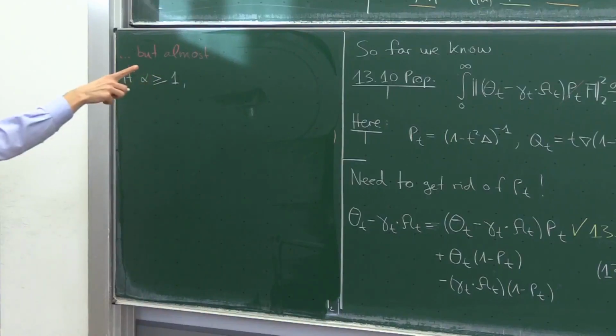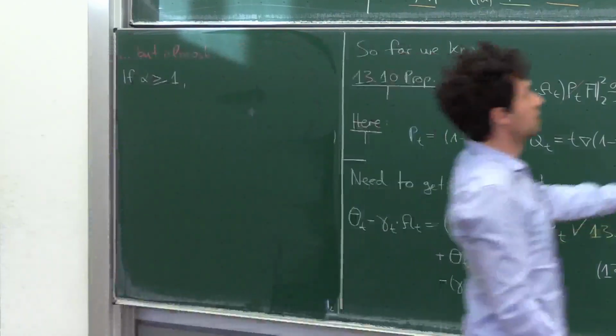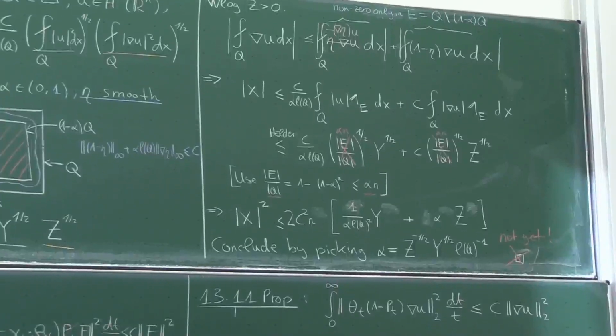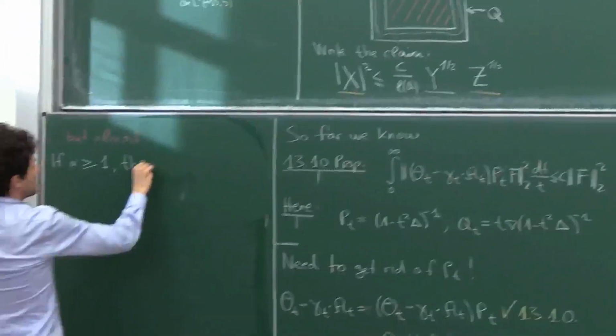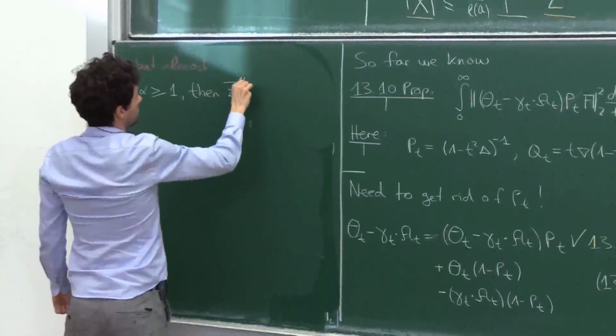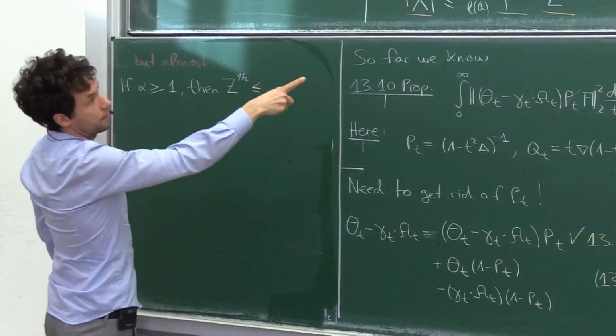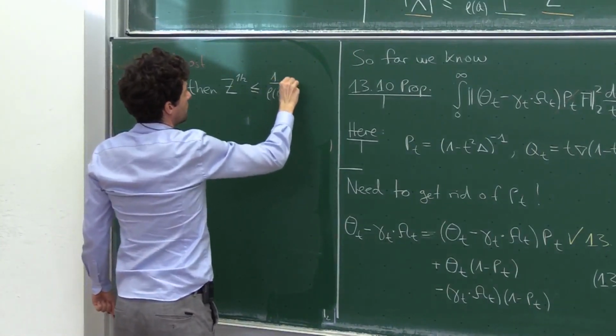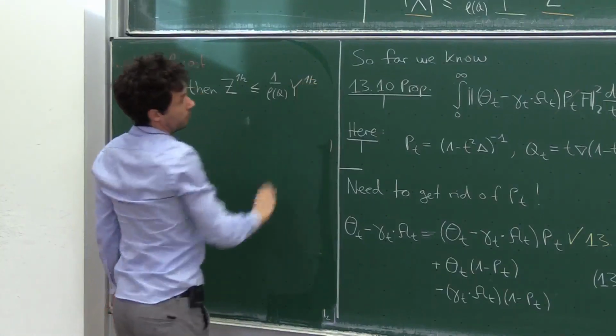If alpha would be larger or equal to 1, this guy would be larger or equal to 1, so I could bound capital C to the 1/2 by 1 over length of cube times y to the 1/2.